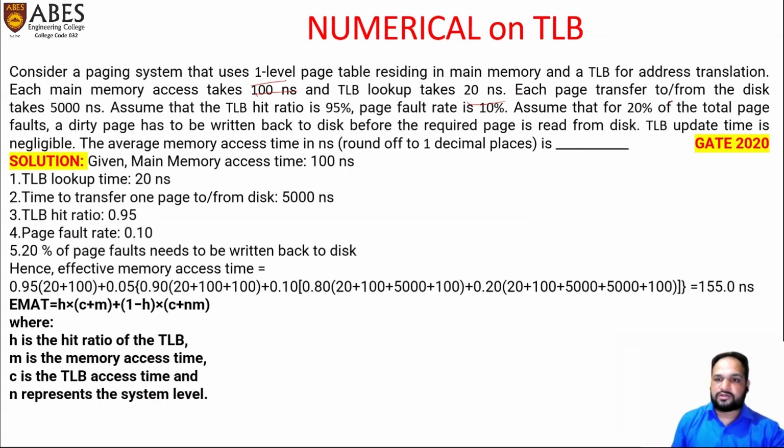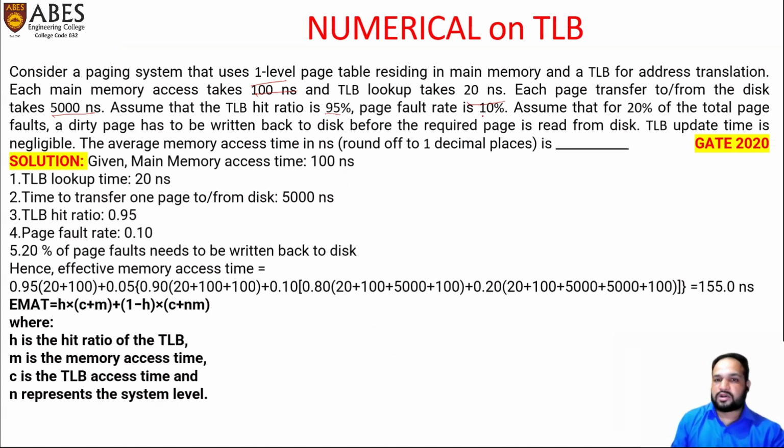Each page transfer, whether it is from disk to main memory or main memory to disk, takes 5000 nanoseconds. Assume that the TLB hit ratio is 95%, meaning out of 100, 95 times the data is present inside the TLB cache.